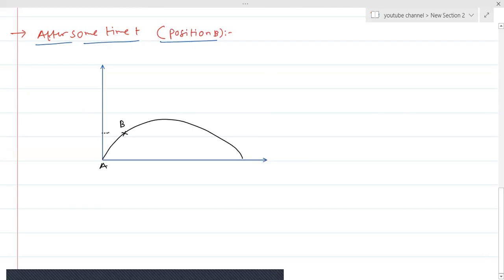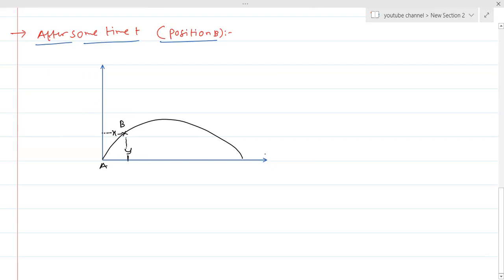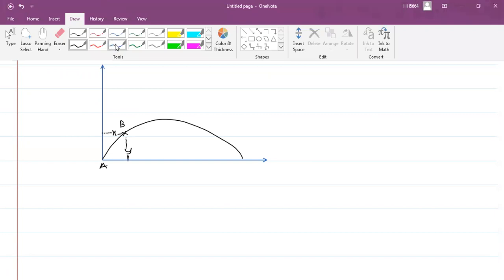We will call this the horizontal distance x and this the vertical distance y. So this is the situation we are observing after some time t.